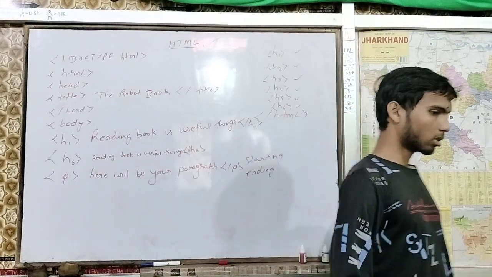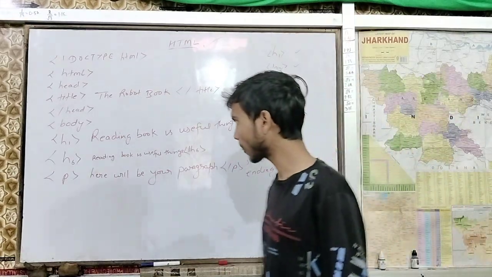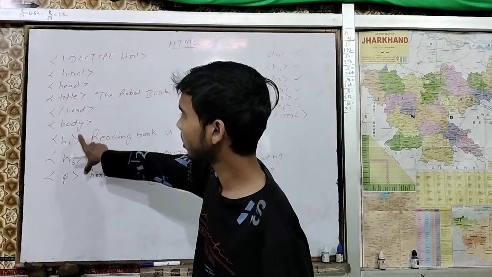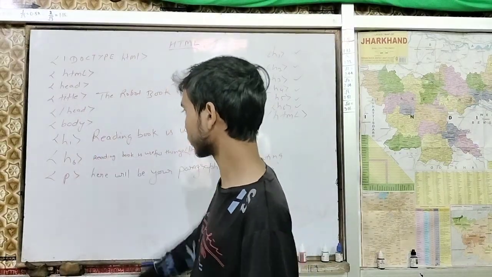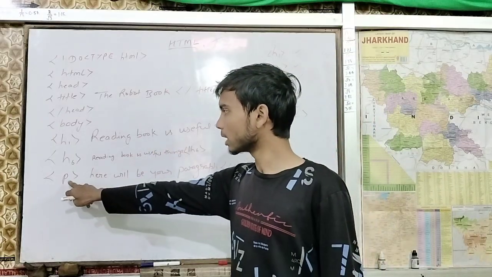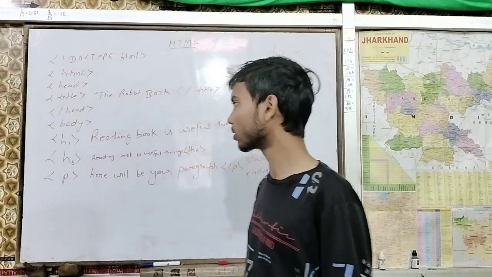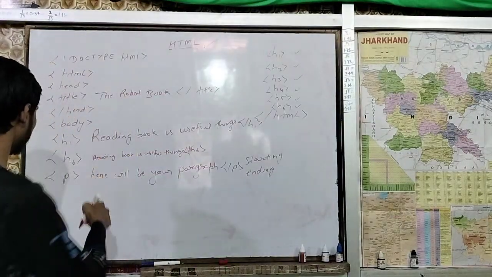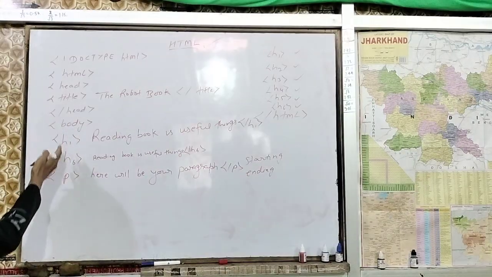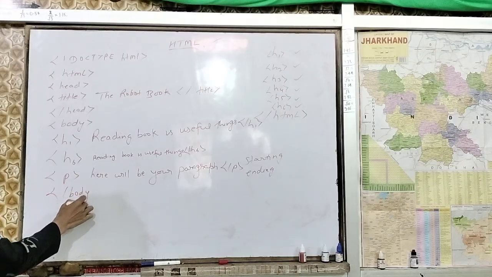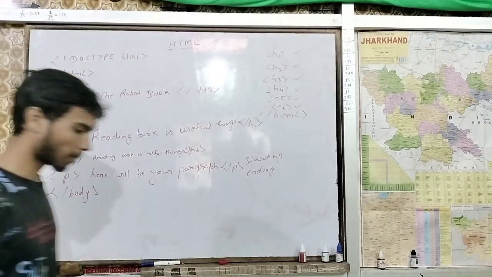Once your work is done, then you will have to end this body tag. Okay, body tag. You can even insert attributes in this. I will tell you about attributes, so don't worry. Right now, here we can end this body tag, slash body. Okay.